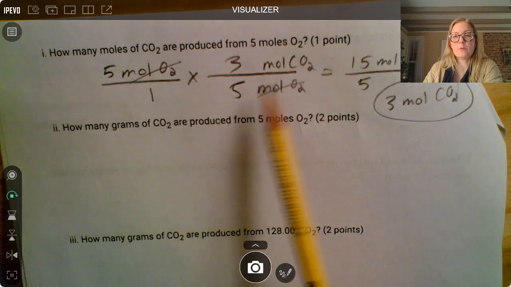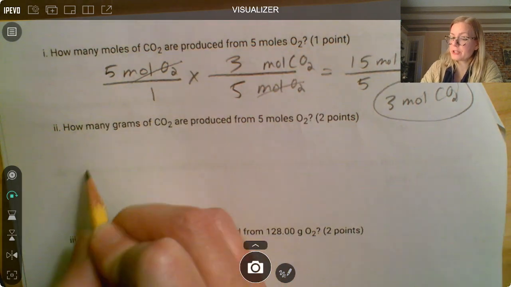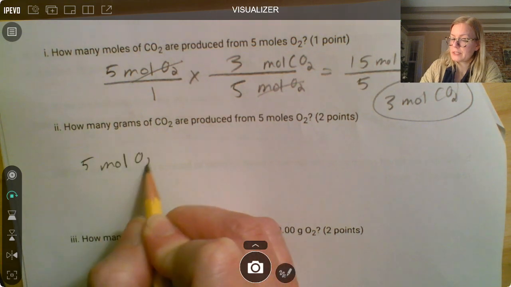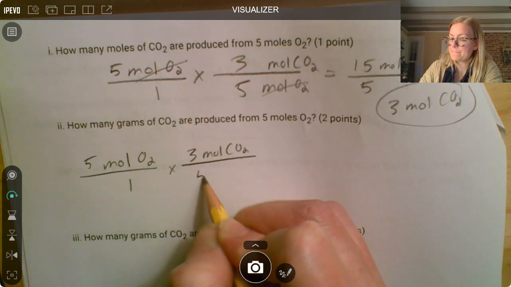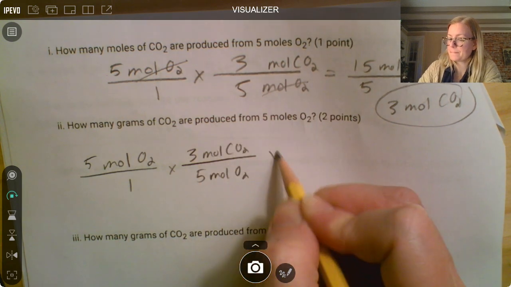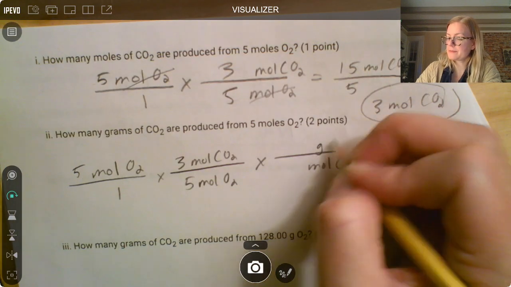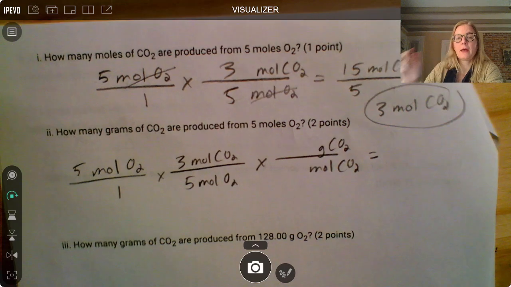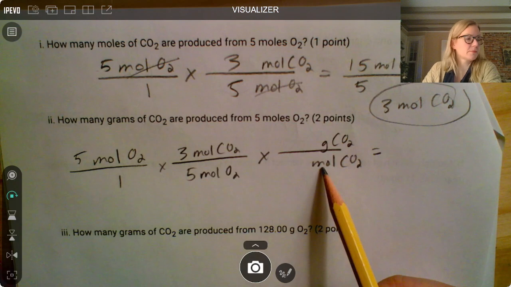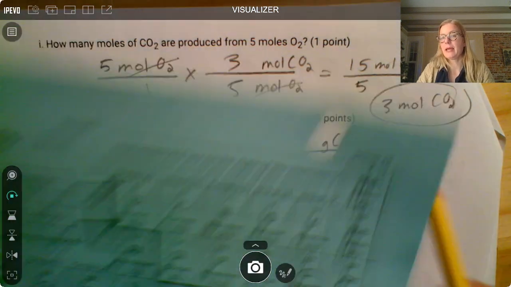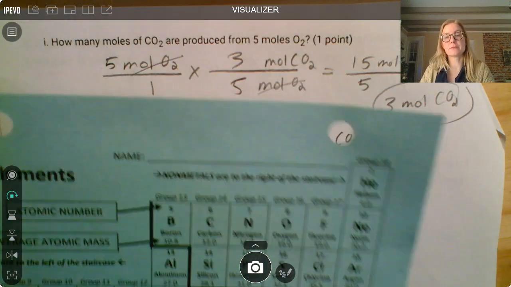So I'm going to start the same way, but instead of stopping at moles of CO2, I'm going to add on another conversion to get to grams. Okay, so I'm going to throw moles of CO2 under the bus and put grams of CO2 up here, okay? So this is what we did in the last unit. This is called the molar mass. So you look on your periodic table and you add up the mass of 1 C and 2 O's, and that's the number of grams in a mole.